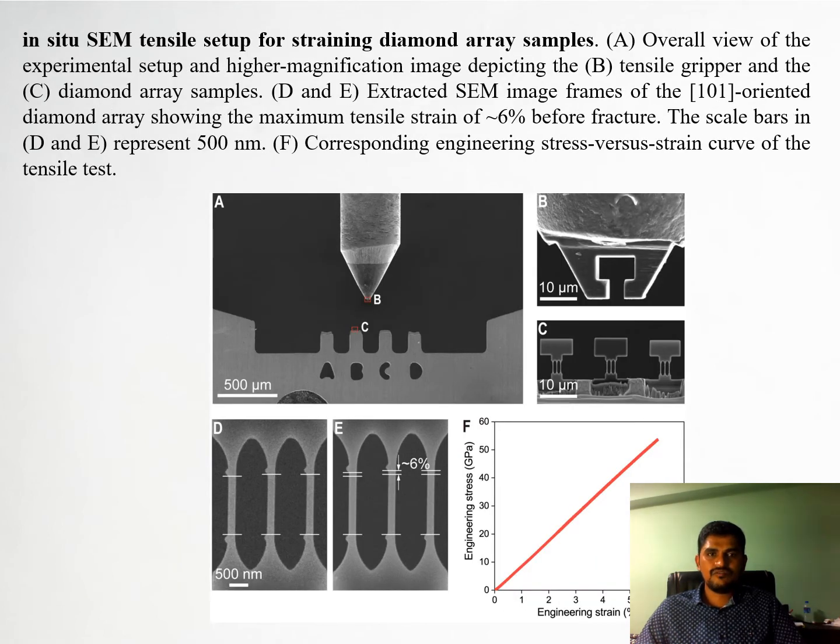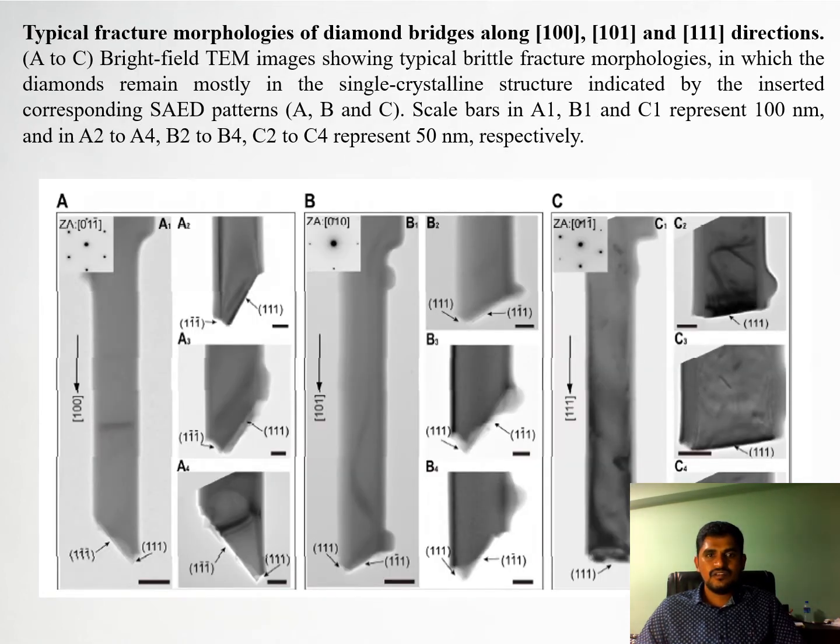And the in situ scanning electron microscopy tensile setup for straining the diamond array samples is here, images A, B, C, D, E. And from this chart, the stress strain curves are described. And these are the samples for the different crystal directions 100, 101, 111.